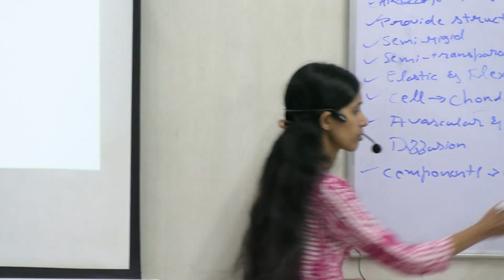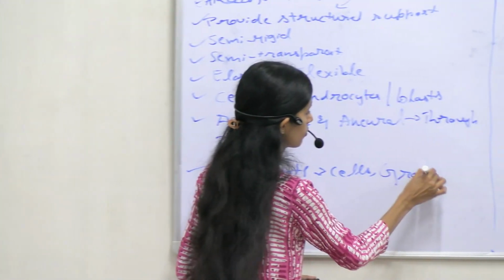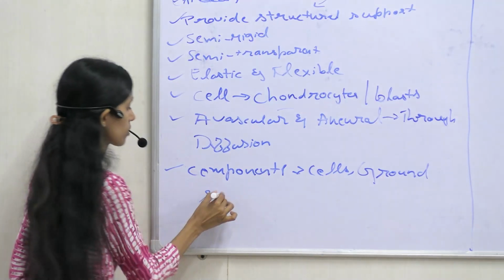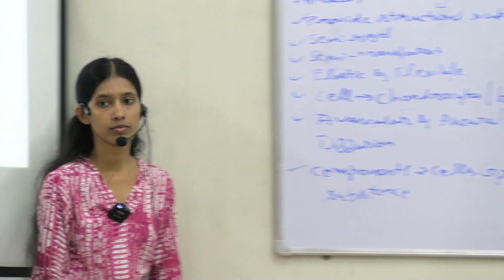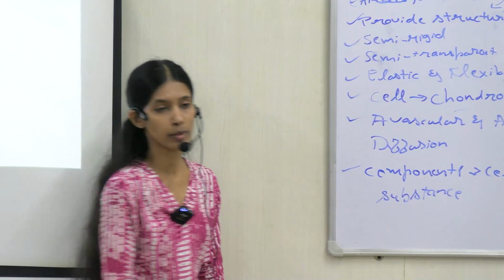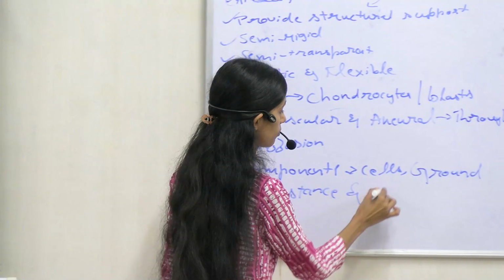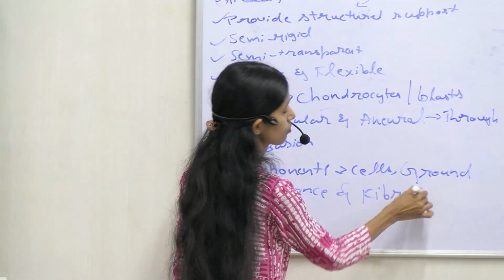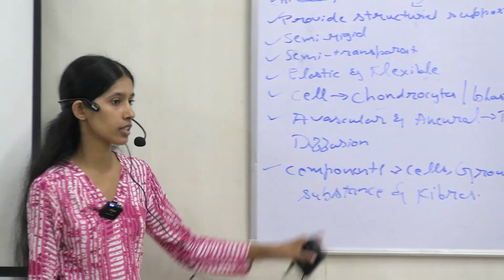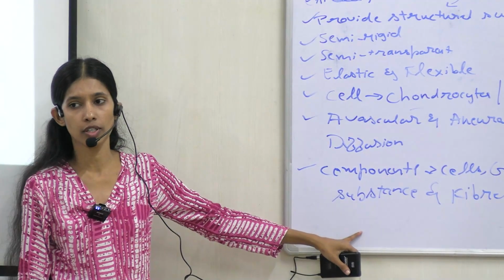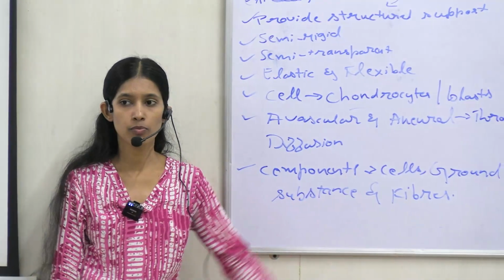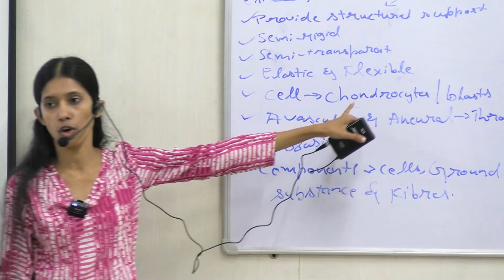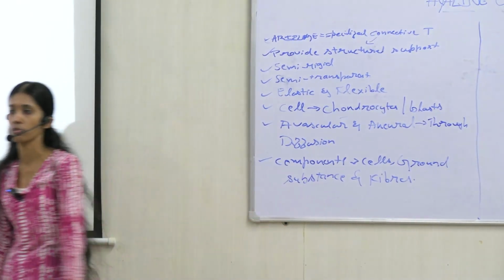Ground substance and fibers. So these are the basic components of your cartilages: cells, ground substance and fibers. Cells we already know, they are chondrocyte cells. What about the ground substance?